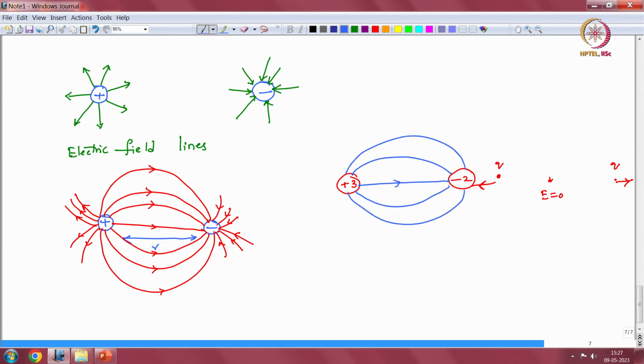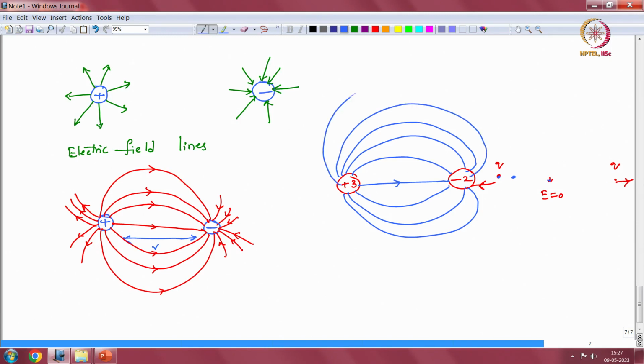With respect to our test charge analysis, the flux lines are coming inward if the test charge is here, and if the test charge is here also it will be inward. After a certain point the electric field will be 0. After this point all electric forces will be outward, even the flux lines also. So, we will see it in this manner.